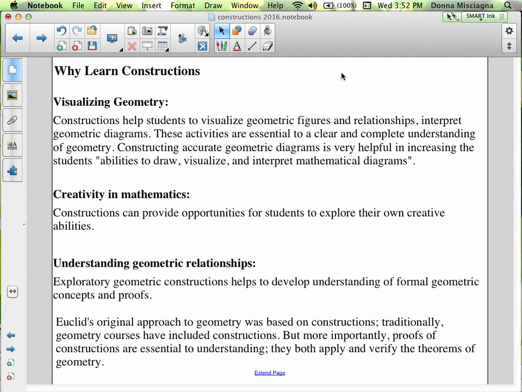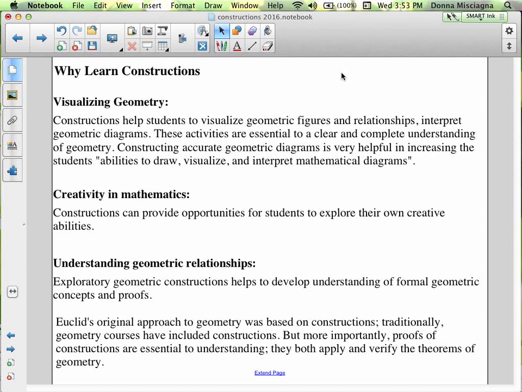Constructing accurate geometric diagrams is very helpful in increasing the student's ability to draw, visualize, and interpret mathematical diagrams. Creativity in mathematics. Constructions can provide opportunities for students to explore their own creative abilities. Understanding geometric relationships. Exploratory geometric constructions help to develop understanding of formal geometric concepts and proofs.